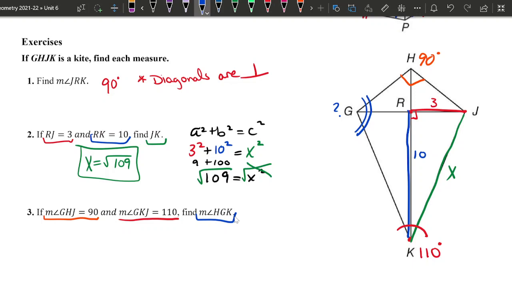A characteristic of kites about angles. Well, one of them is diagonals are perpendicular, but all 3 of these are on the outside. There's no sides involved. It doesn't really sound like I'm looking inside the kite. It looks like I'm looking around the kite.